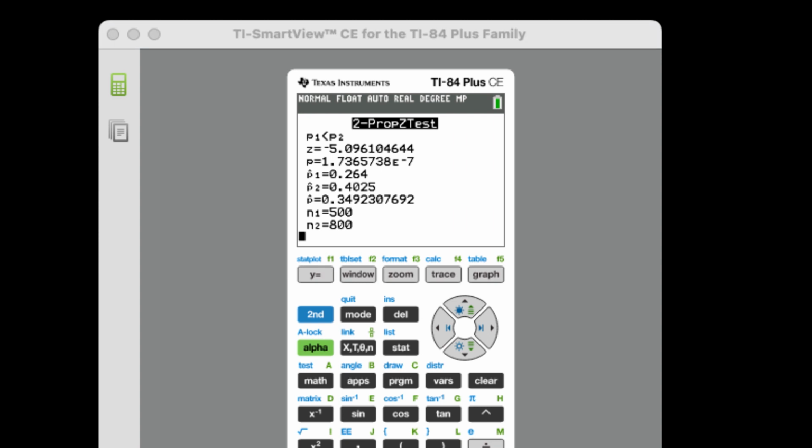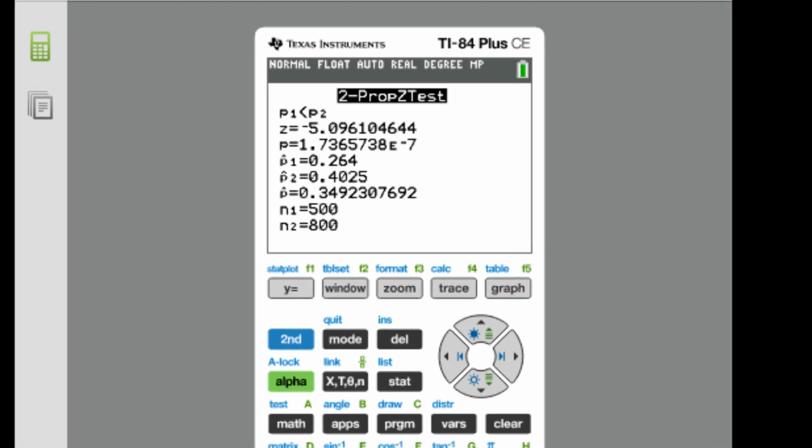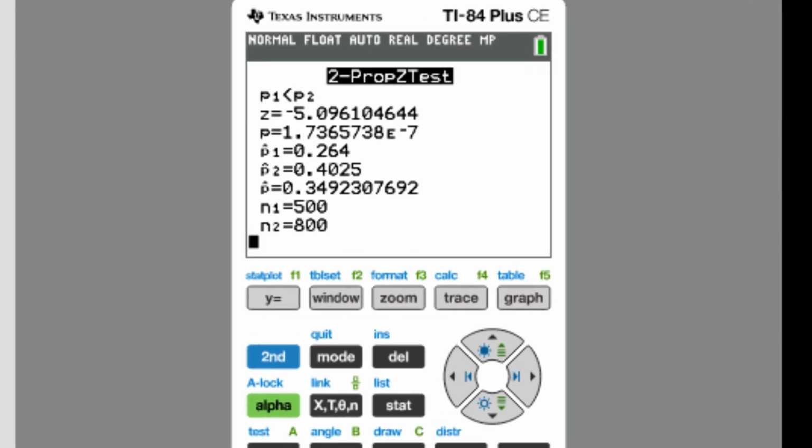Does anybody want to tell me about that p-value? Is there anything interesting about your p-value? That p-value is going to be close to 0. Isn't that scientific notation?